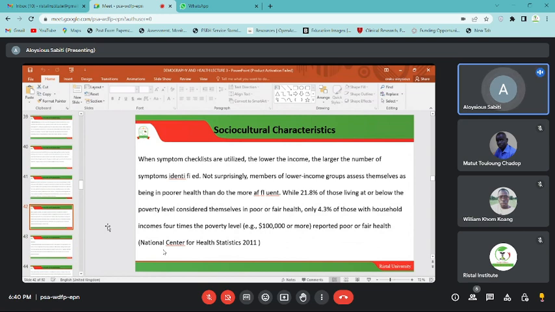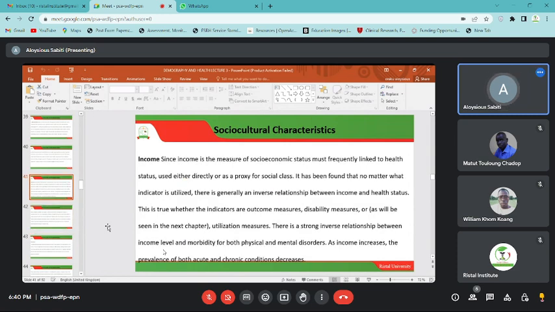So what happens is that income influences how or where an individual utilizes a particular health service, but it also helps in the measurement of an individual's risk of disability. It also measures an outcome of a particular morbidity level.